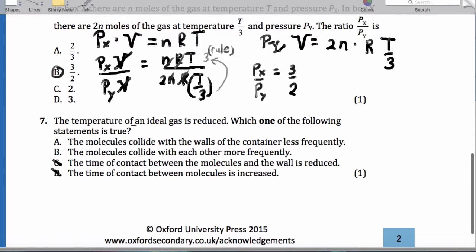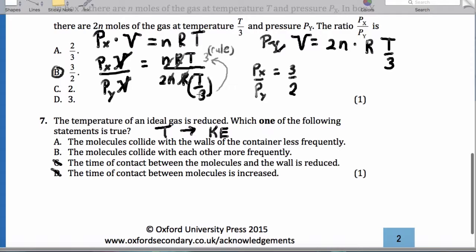Now, we know that temperature correlates with average kinetic energy. So here's the thing. If the molecules have a smaller average kinetic energy, that means temperature correlates with average kinetic energy, and if you reduce the temperature, you're reducing the average kinetic energy.